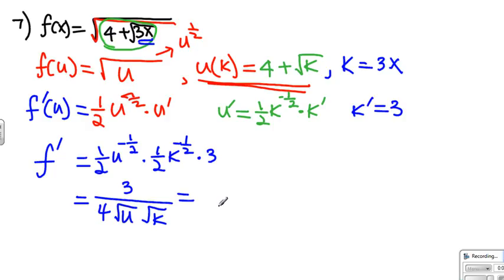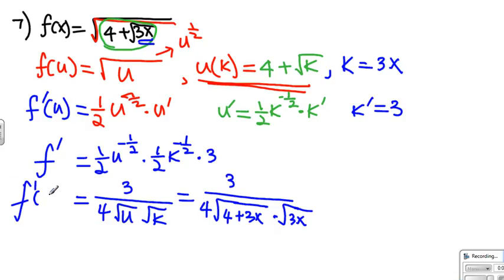Instead of using k, we can call this one 3 over 4 times square root of 4 plus square root of 3x. And then since k is equal to 3x, square root of k becomes multiplied by square root of 3x. That becomes our final answer. And now we can call this one f prime of x.